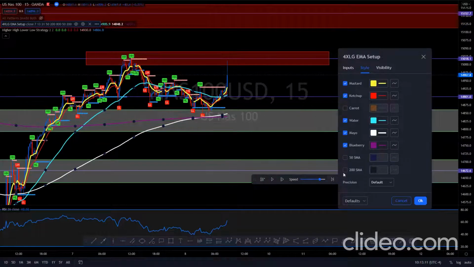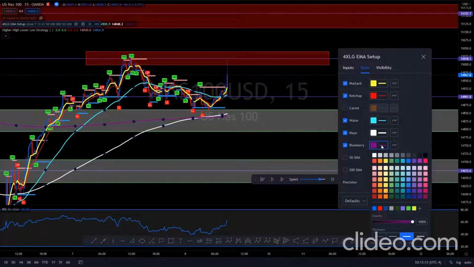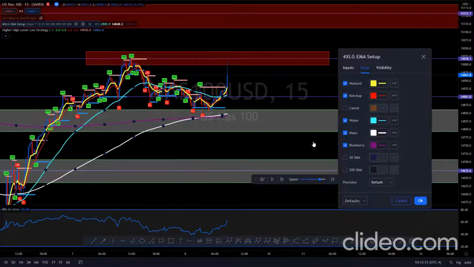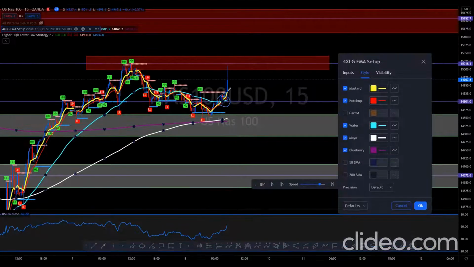All right. Yeah, that's perfect. So I see that mustard crossed over ketchup and crossed over water. So if I had bought right here, I would have definitely made at least $200 off of this bullish candle. That would have been a good buy and a good exit.